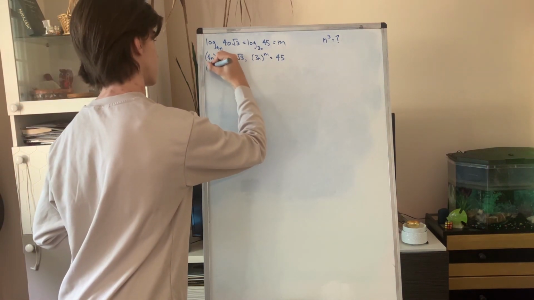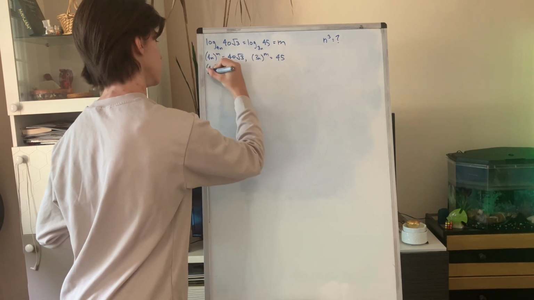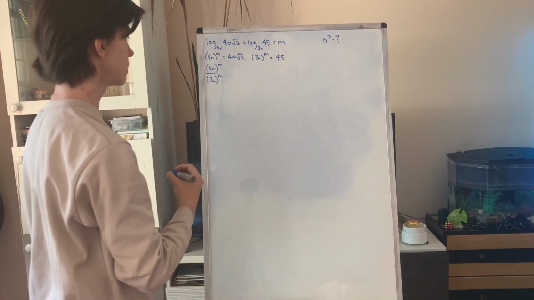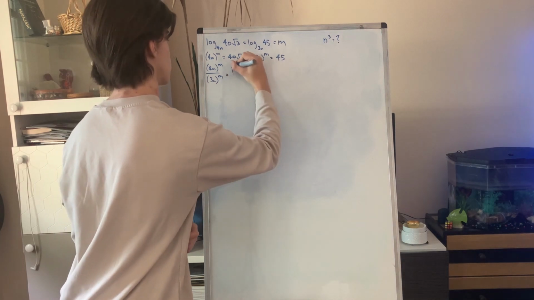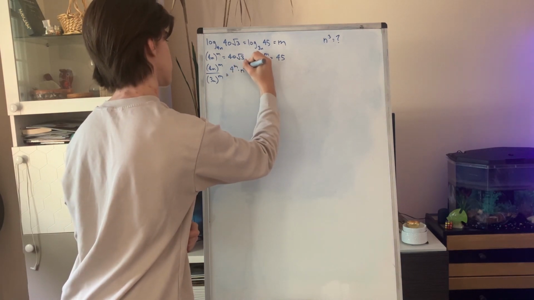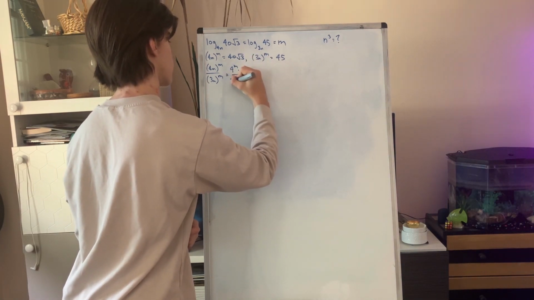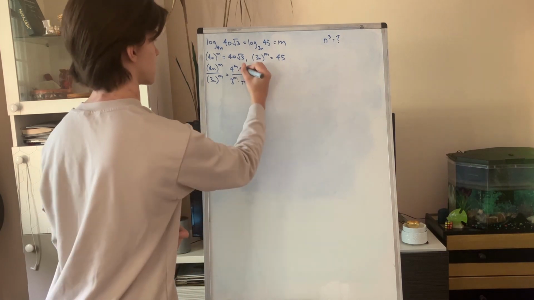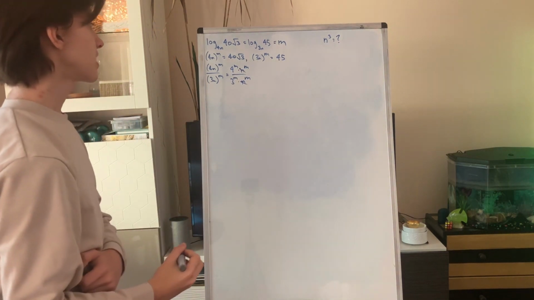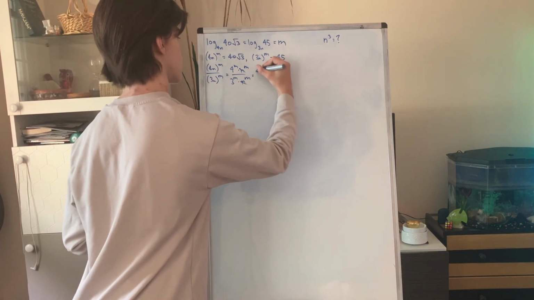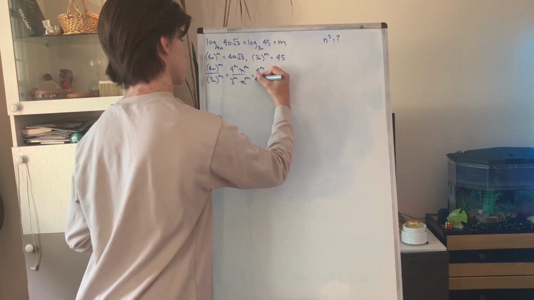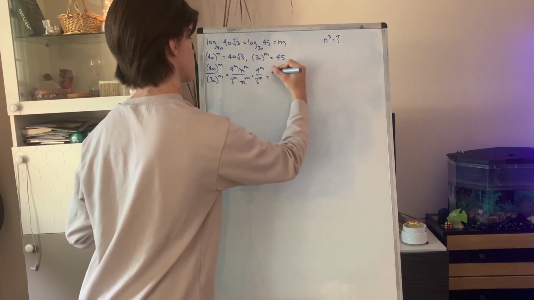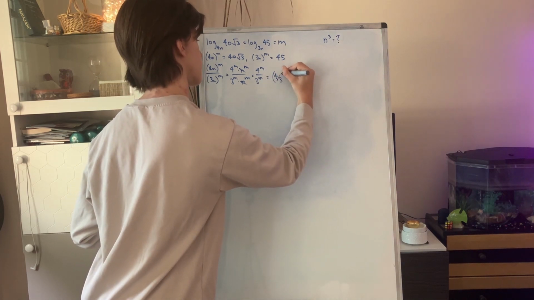We have 4n to the m over 3n to the m, which is going to equal 4 to the m times n to the m over 3 to the m times n to the m. These n to the m cancel, and we get 4 to the m over 3 to the m, and that's (4/3) to the m.